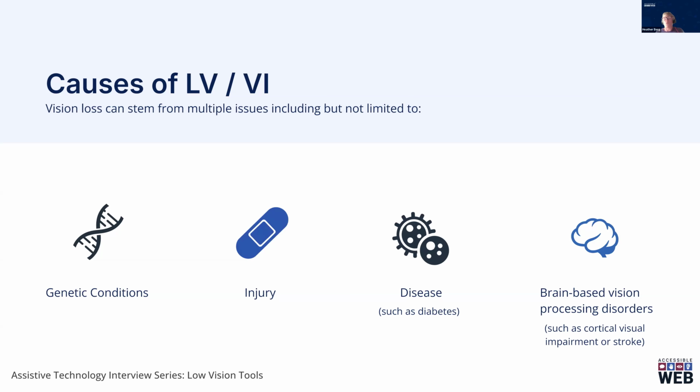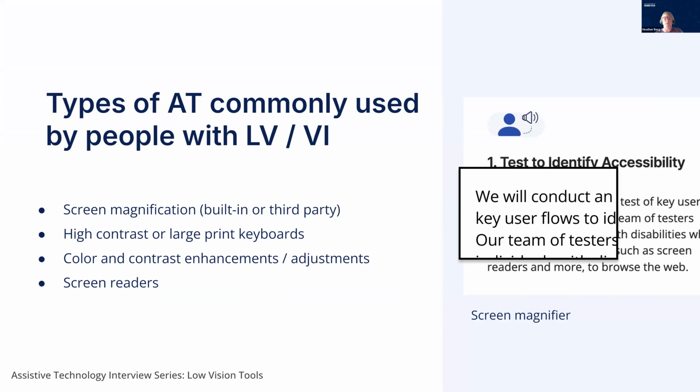On to slide 4 now, we'll talk about some assistive technologies that are commonly used by folks with low vision. The first of those we're going to get to hear more about today, that is screen magnification. There's a few different varieties of screen magnification. It can be built into your operating system, so like Windows or Mac OS. It could be browser-based.